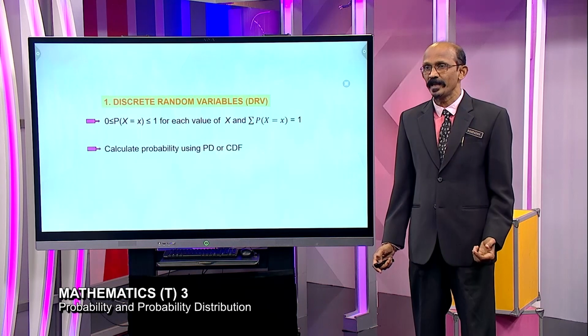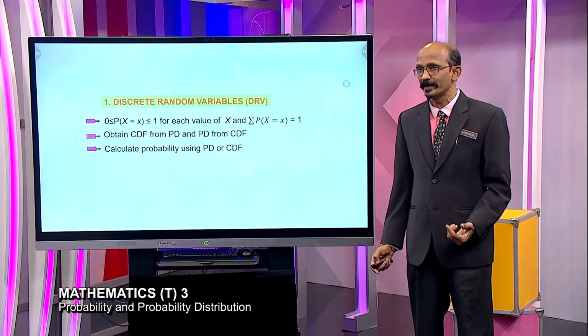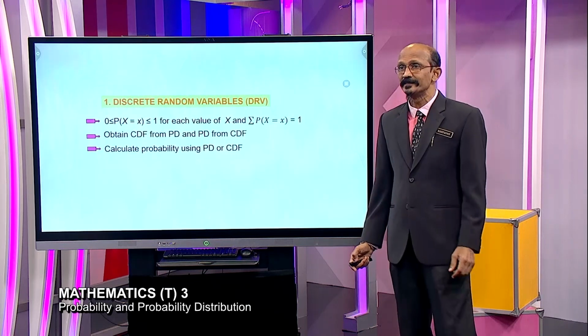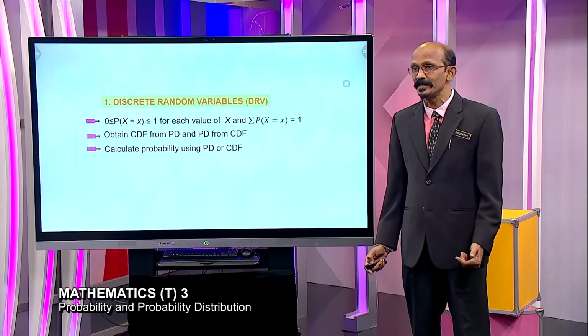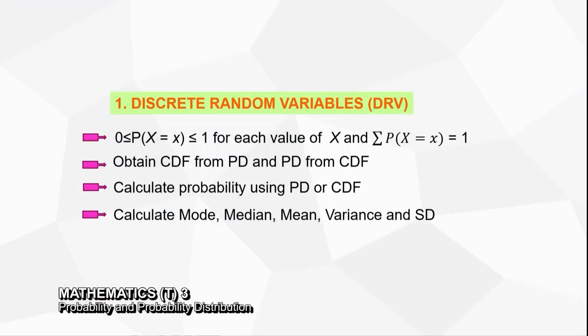Next, you should be able to calculate probability using PD and CDF, and obtain CDF from PD and PD from CDF. Lastly, you must use the correct formula to calculate mode, median, variance, and standard deviation. This is much simpler because mostly we only use summation.